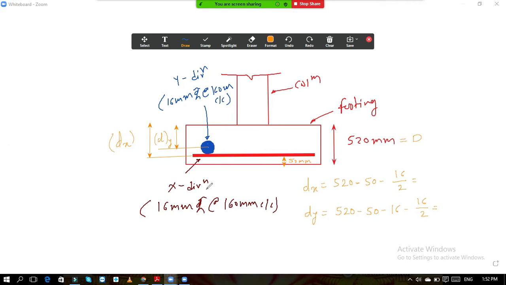So now your assignment is: see the reinforcement which is provided for an isolated square footing. Search it on Google and try to interlink that provided reinforcement with the reinforcement which we have provided over here. Okay, so now this is a problem of square footing. Now we will move to the problem of rectangular footing.